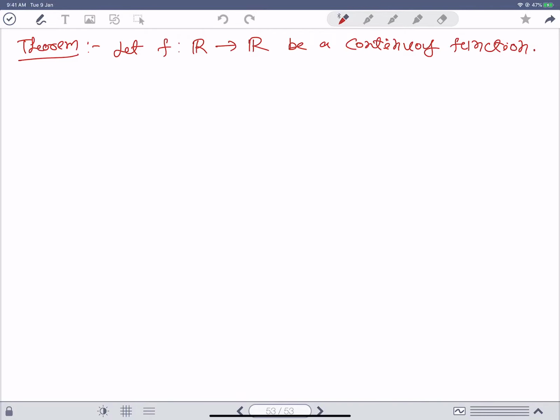Now if f is a continuous function with domain R, then f always sends a Cauchy sequence to a Cauchy sequence.